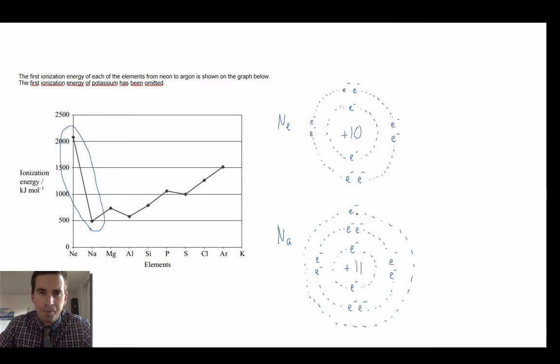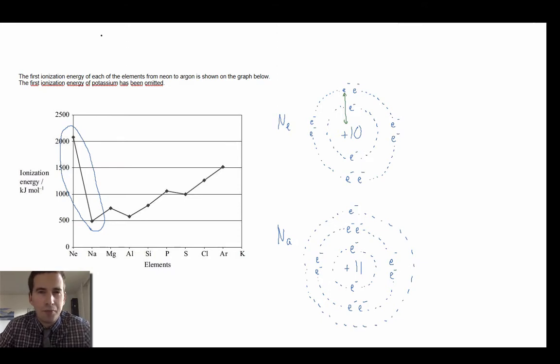So with neon, there are two full shells. You're going to be removing the electron from the outer shell, the second shell in this case. So you're going to be breaking this attraction here between the outermost electron and the nucleus, which in neon's case has 10 protons, hence the plus 10 I've put in this diagram.